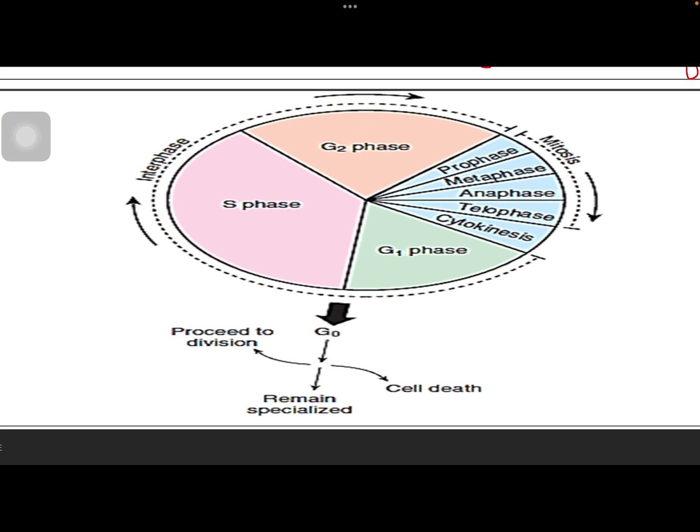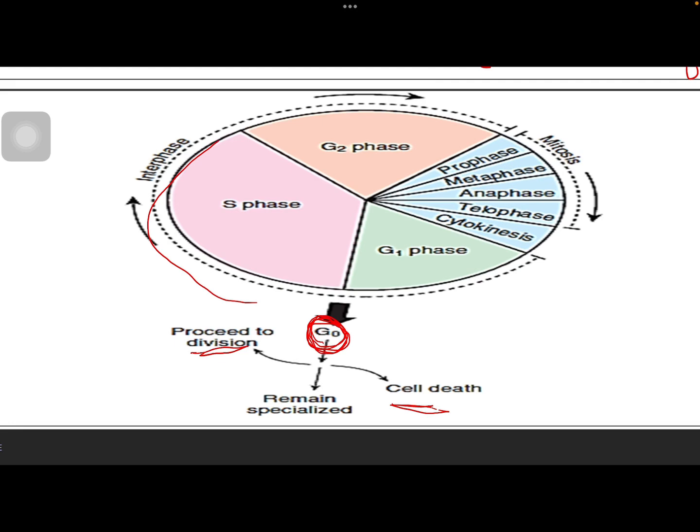G0 phase is the part in which the cell decides whether it will proceed to division or mitosis, or what we call cell death. Later I will tell you what cell death is and how the cell knows if it needs to die or divide. But take note, in G0 the cell makes the decision whether it will divide or die.